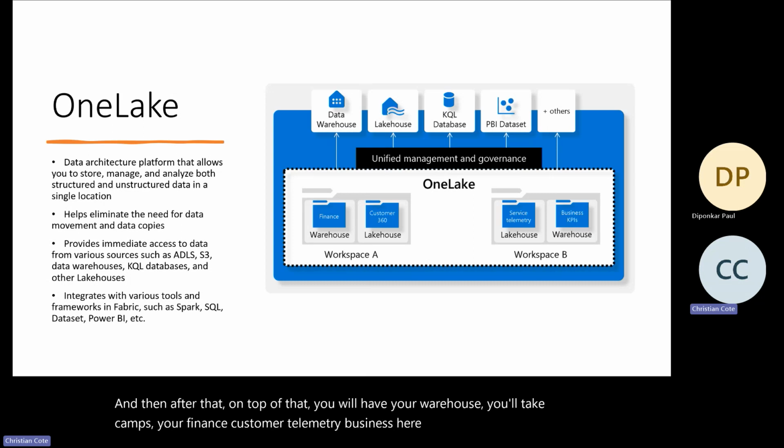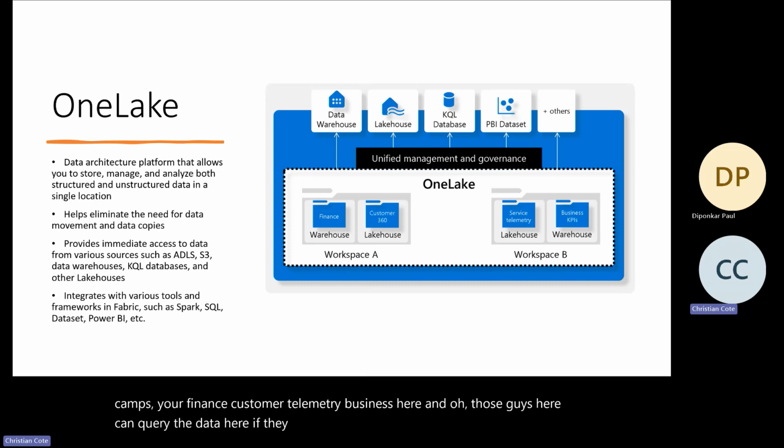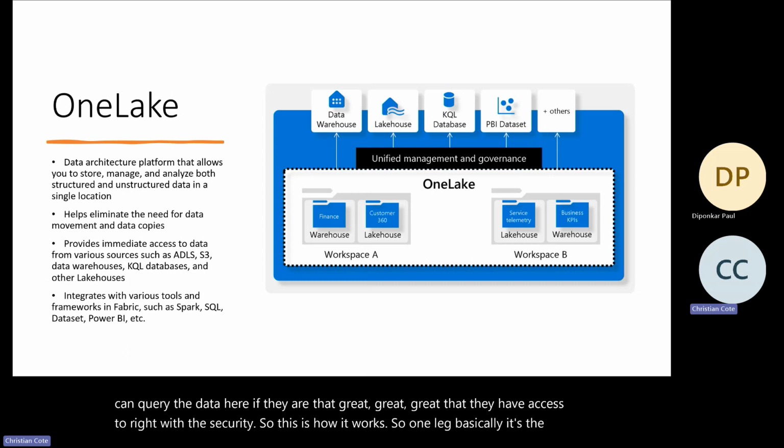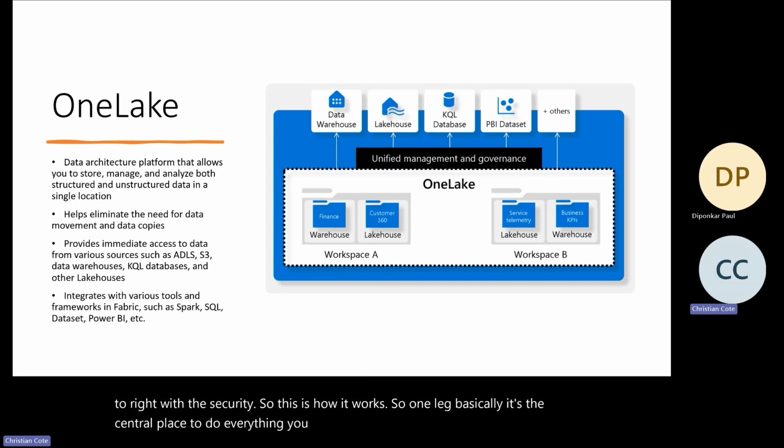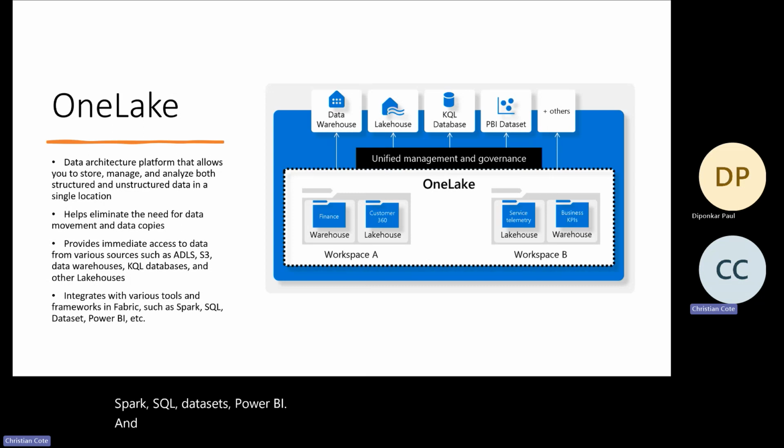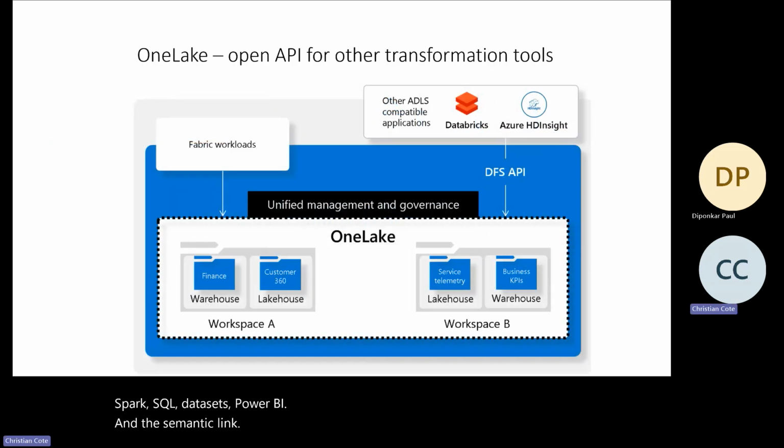And all those guys can query the data here if they are granted access, right? With security. So this is how it works. OneLake basically is the central place to do everything you want. So you can integrate data using Fabric, Spark SQL, Dataset, Power BI, and Semantic Link. So Semantic Link would be, whoop.